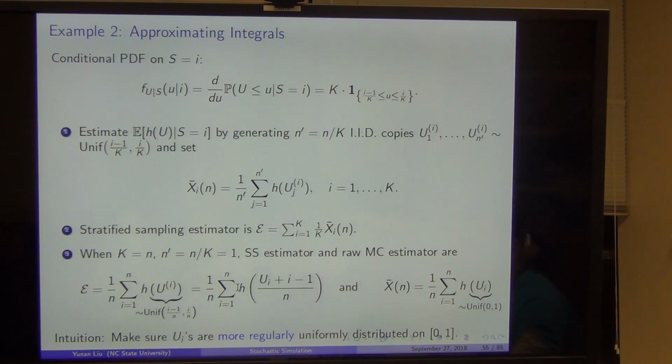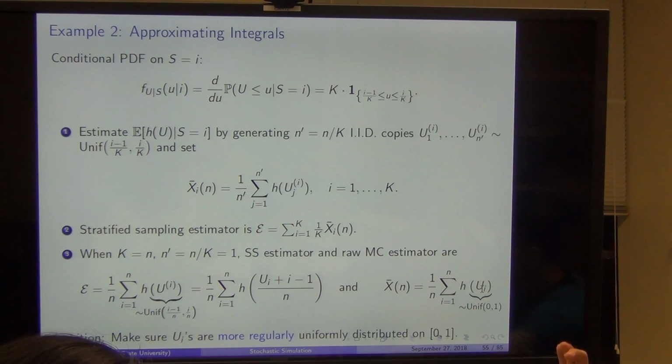Okay. So there's a fundamental difference between this guy and this guy, although the formula looks very similar. This one should achieve a variance reduction. Here's the intuition. We make sure the Ui are more regularly uniformly distributed across all 0-1 interval. If n is not large enough, you can't make sure that the Ui cover the entire 0-1 interval.